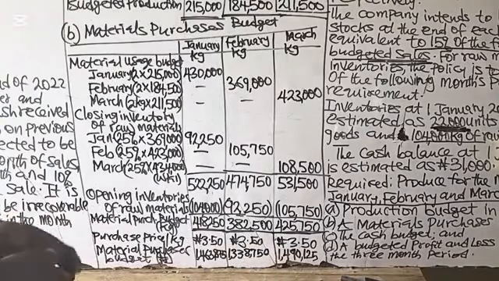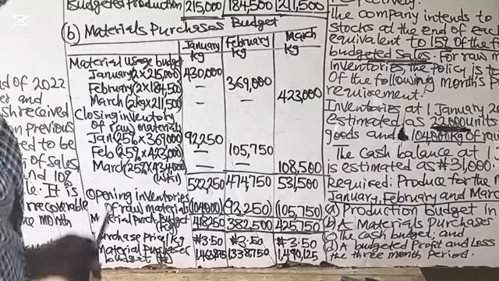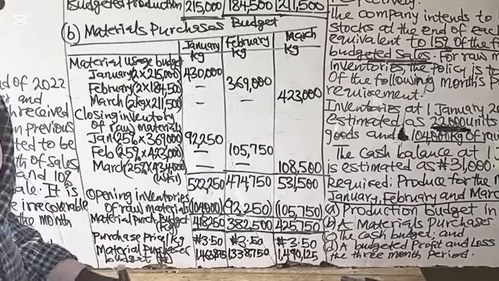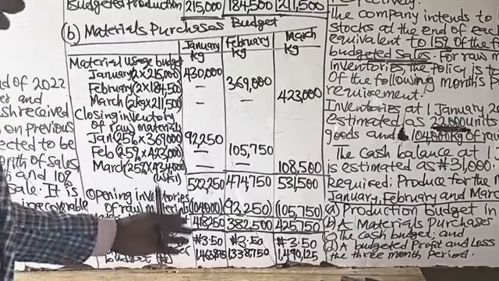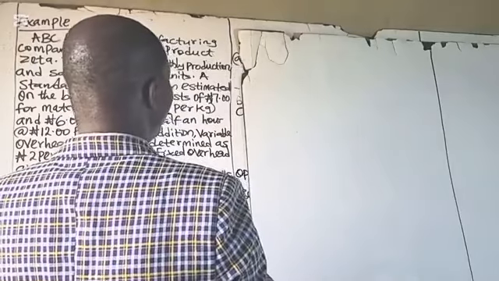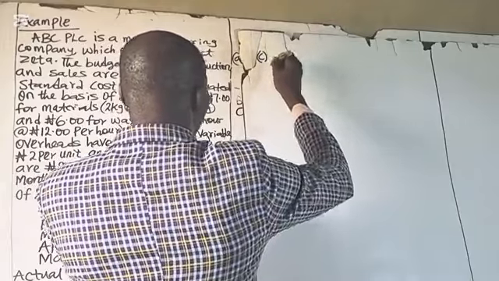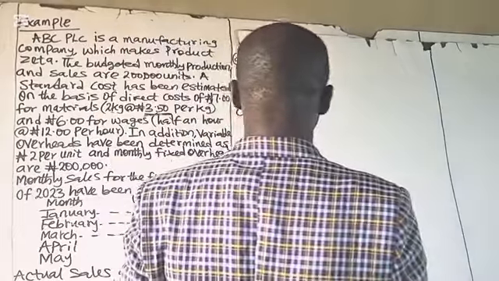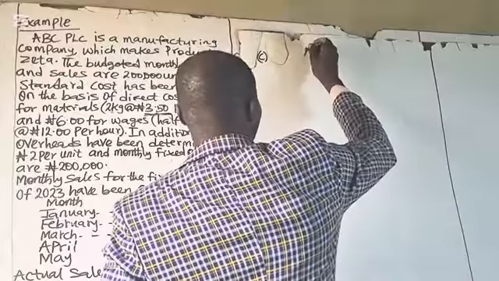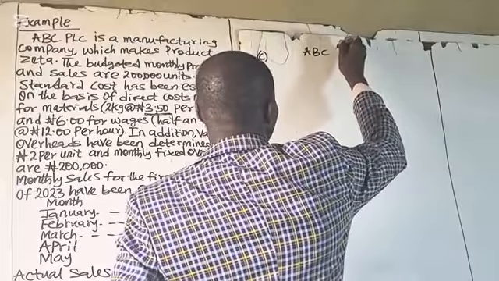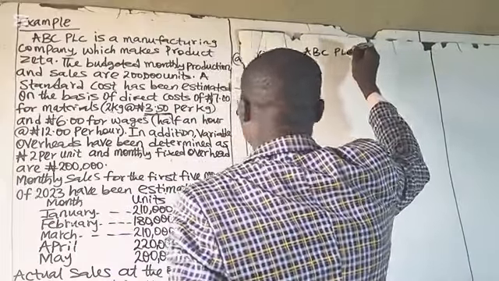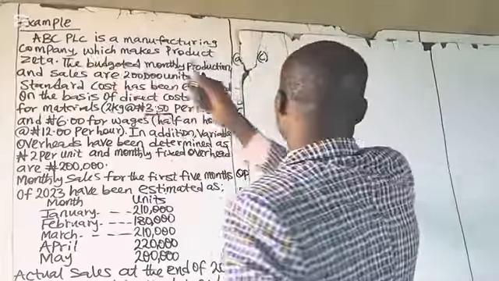That is requirement B. In requirement C, you have to solve for the cash budget. So we want to solve the cash budget now. In the third requirement, we are to solve the cash budget. So we have ABC PLC as the name of the entity.